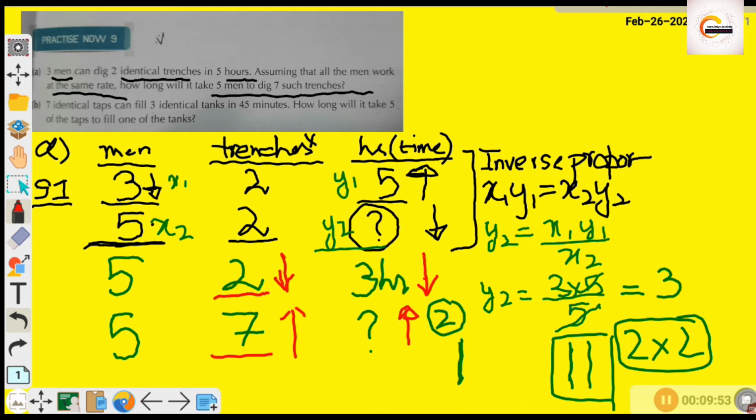Is this the inverse proportion relationship? No, because in inverse proportion relationship, one value increases, the other value decreases, right? This is inverse proportion.